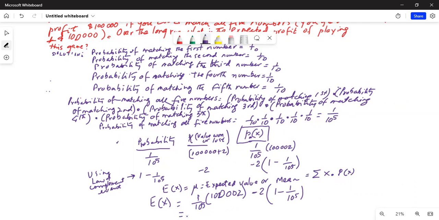100,002 divided by 10 to the power of 5, which is 100,000, is equal to 1.00002 minus 2. Let's do it this way.